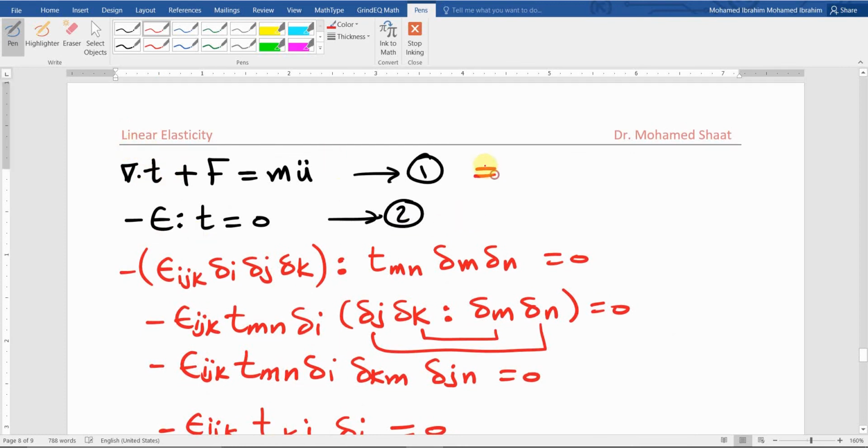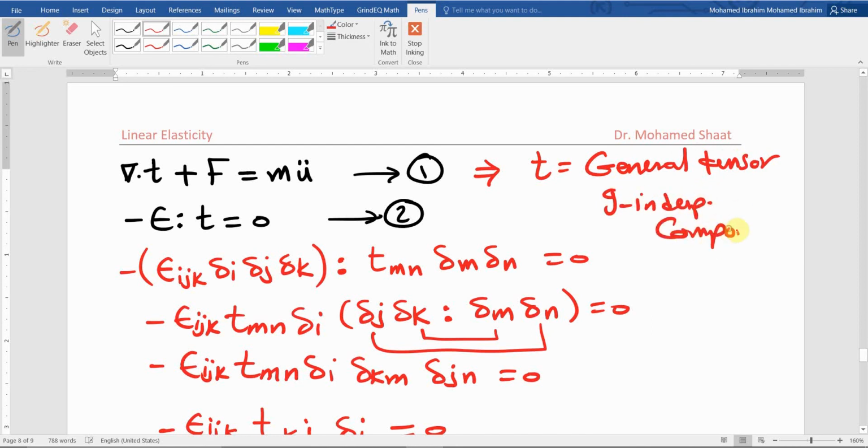And you should understand that in this equation, T is a general tensor. What does it mean, general tensor? As we mentioned, a general tensor is a tensor that has 9 independent components. And a general tensor, as we discussed in tensor calculus, can be decomposed into symmetric and skew symmetric parts.